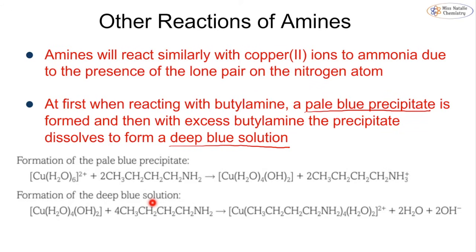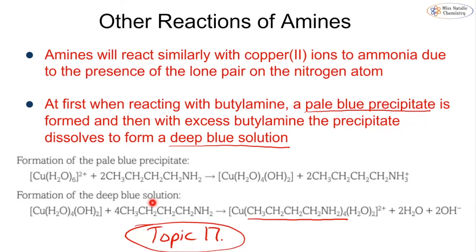This is very much the same as what you've seen with ammonia. The only difference is that the ligands will change from being ammonia to being the butylamine ligand. So it's just very much the same. Again, if you're not sure about that, go back and have a look at topic 17 and have a look at how copper reacts with ammonia.